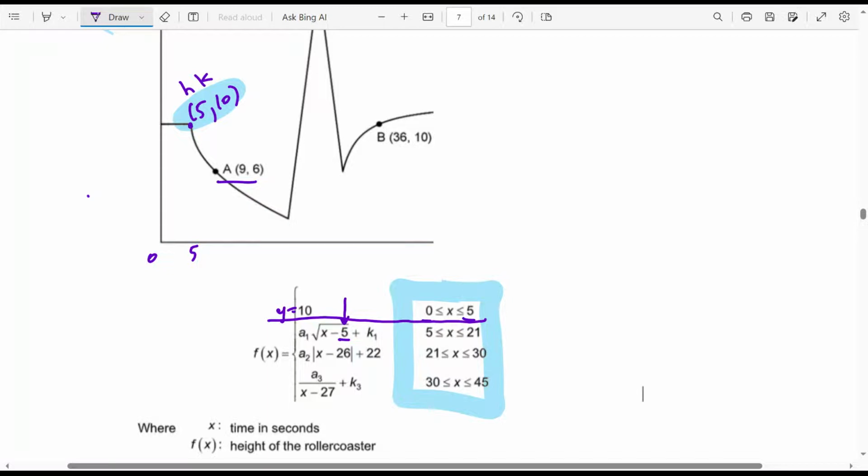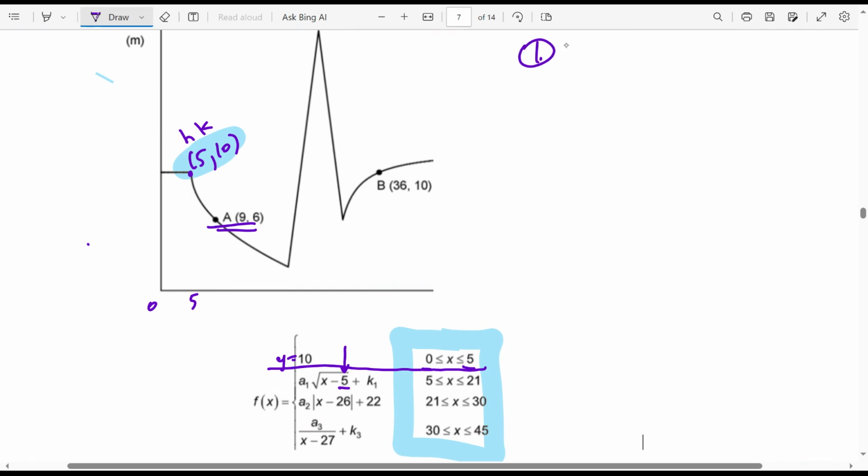But now that I know that, and I know that I've got the point (9, 6), my first step would be find a by plugging everything into the square root function. So I have a y of 6, an a that's unknown, an x of 9, h of 5, and a k of 10.